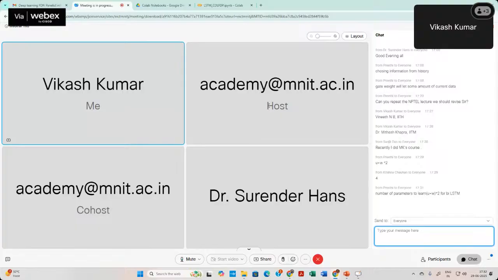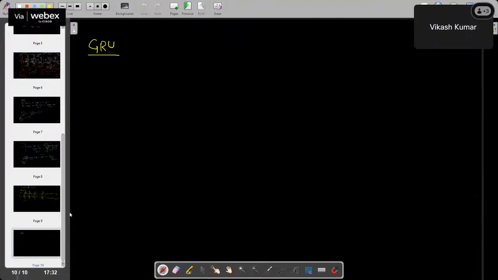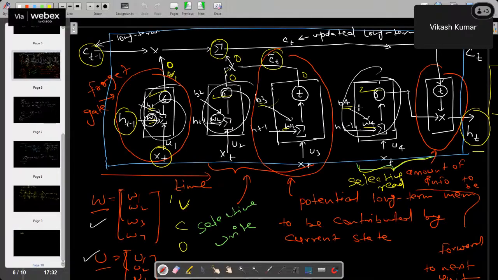Okay, so now we are going to minimize the number of parameters required. If you want to minimize it further, what will be the solution? Can anybody suggest a solution to minimize the number of parameters required?